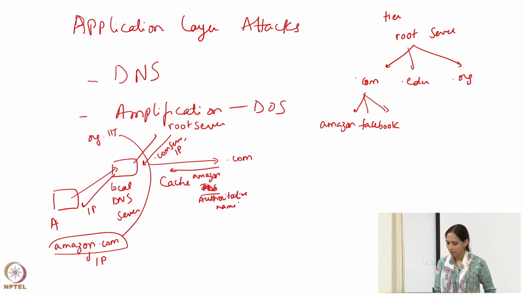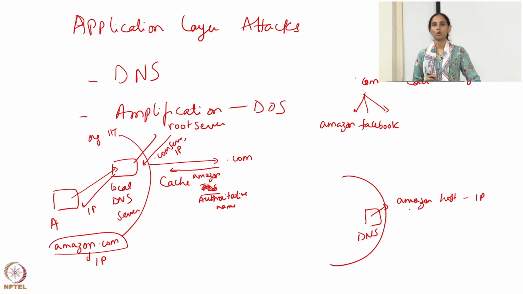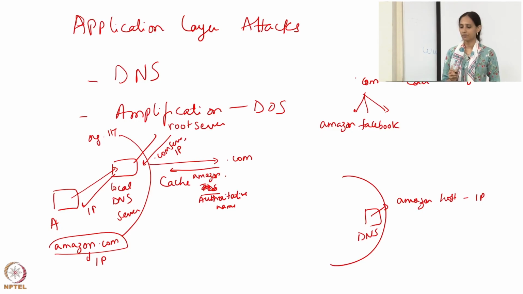Amazon as an organization will have a DNS server it will set up, which will know all Amazon machines' host names to IP address mapping, because it is serving that organization, so it better know. This is called the authoritative name server of Amazon. So .com will say, I do not know, you go contact Amazon's authoritative name server, and here is its IP address.